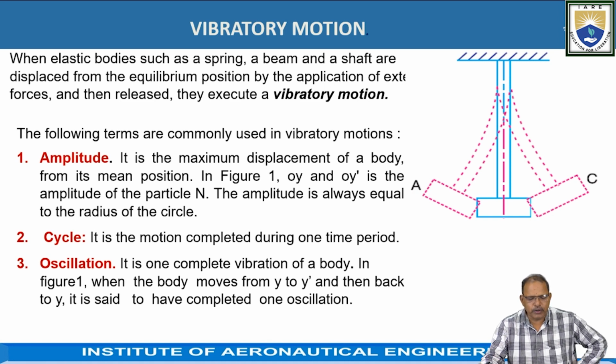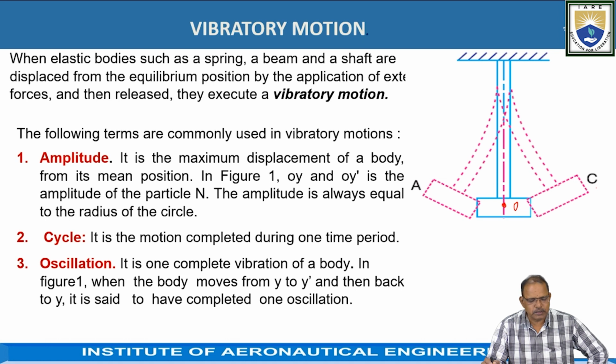Okay, some important terms used in vibratory motions. They are, first, amplitude. It is the maximum displacement of the body from its mean position. Here the mean position is treated as the point O, and A and C represent the extreme positions.